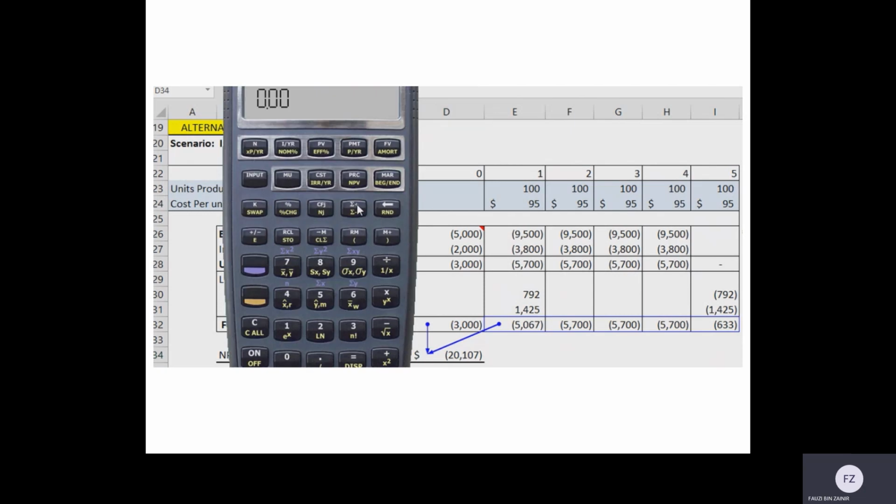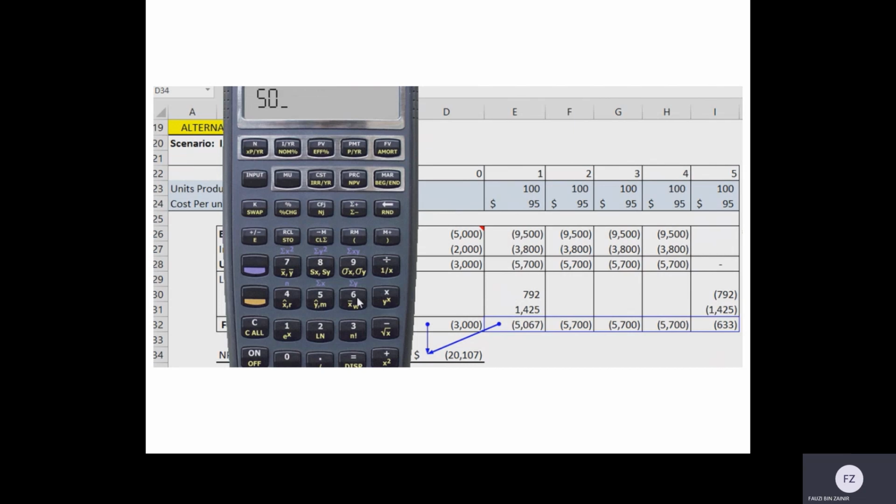If you were to use the calculator to figure out all this amount, the NPV, let's do it again here. Our CFJ here is minus 3,000 for year 0. Then for year 1 it is minus 5067.